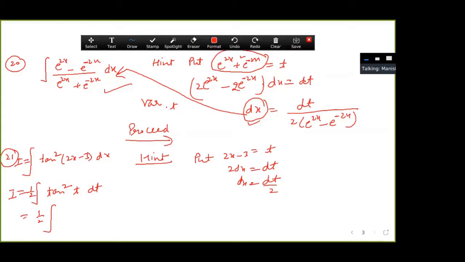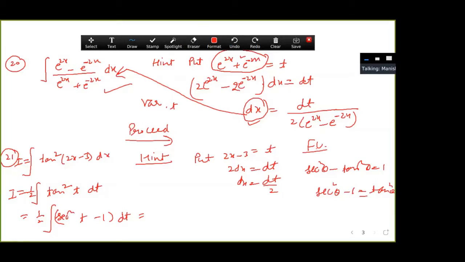Here is a formula: secant square theta minus tangent square theta is equal to 1. So secant square theta minus 1 is equal to tangent square theta. Use this formula. Here I have to write secant square t minus 1. Now you can integrate it because secant square t can be integrated by using the standard formula.